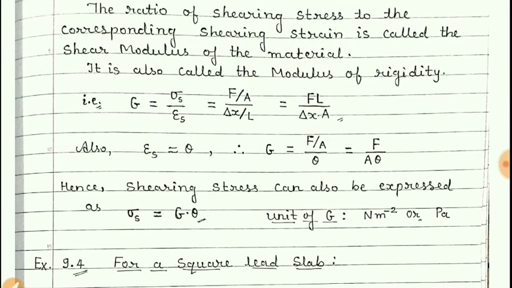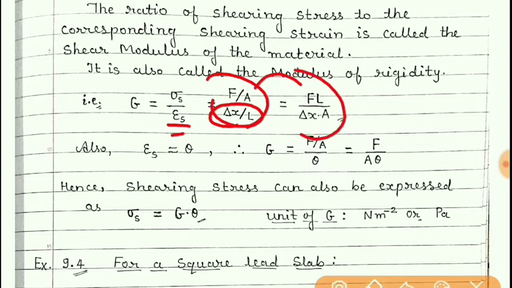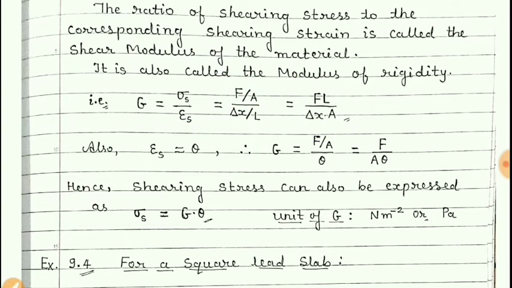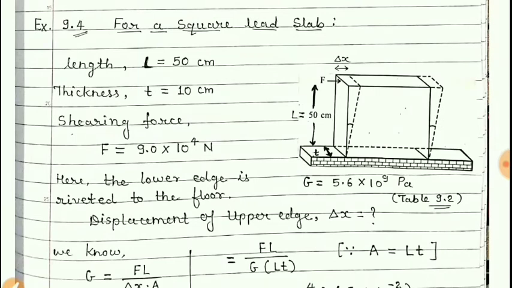So students, delta x upon L is the strain. This can be written like this, FL upon delta x into A. Also, we know that shearing strain is nothing but theta, the angle it makes here.